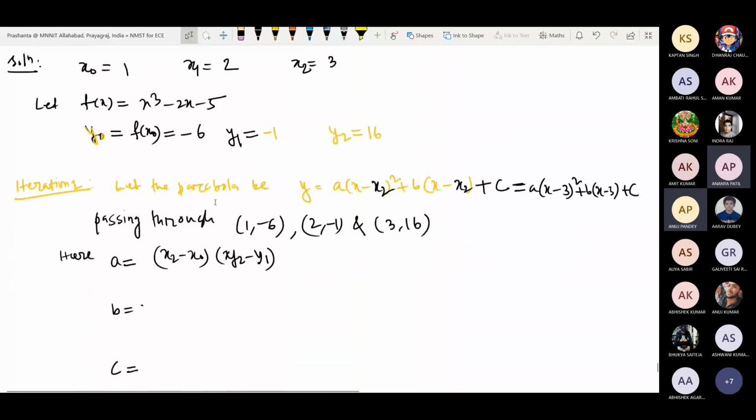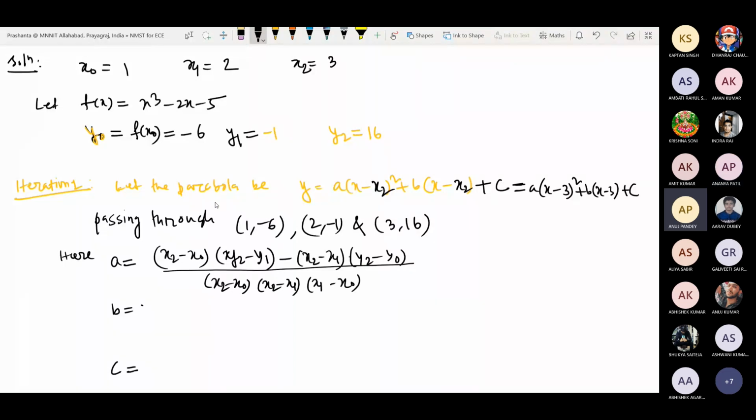So you will get a equals x2 minus x0 into y2 minus y1 minus x2 minus x1 into y2 minus y0, by x2 minus x0, x2 minus x1 into x1 minus x0. That was a. B will be similar to a, two squares will be there.